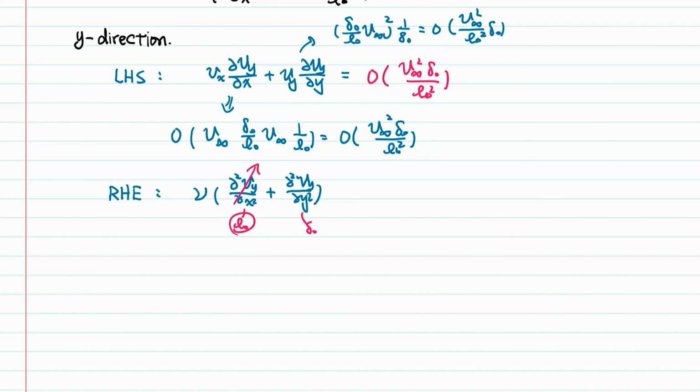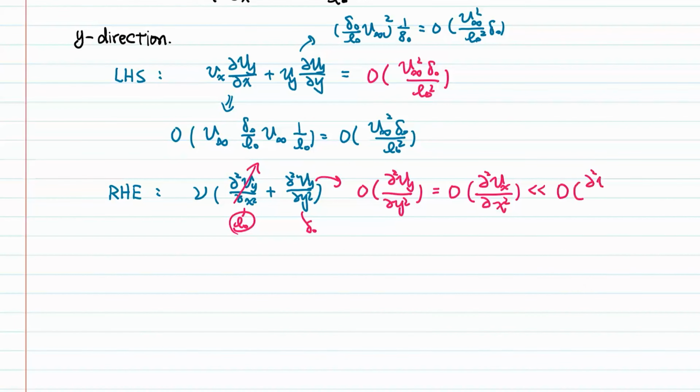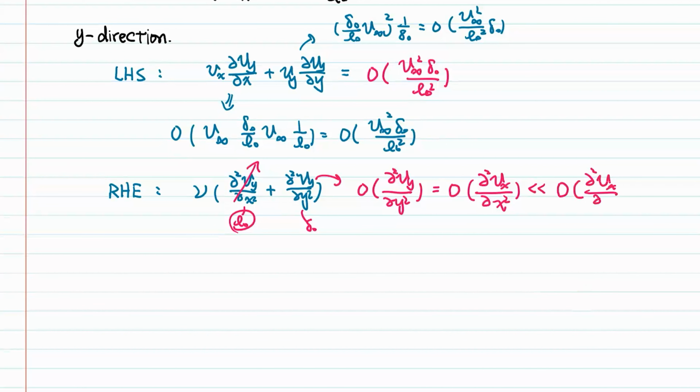And from the equation of continuity, we know that the order of partial square Vy partial y squared would be of the same order of partial square Vx over partial x squared. And we know that this would be much smaller than the order of partial square Vx partial y squared.